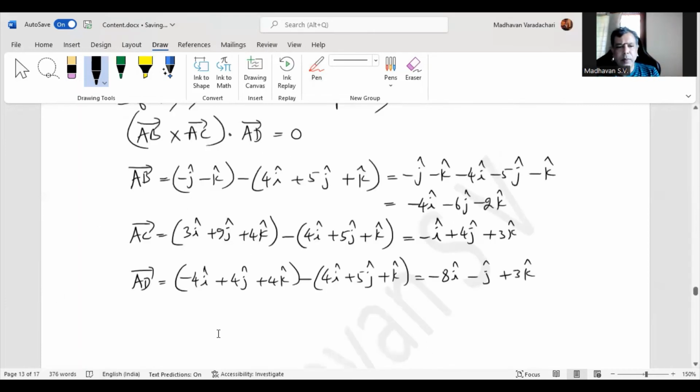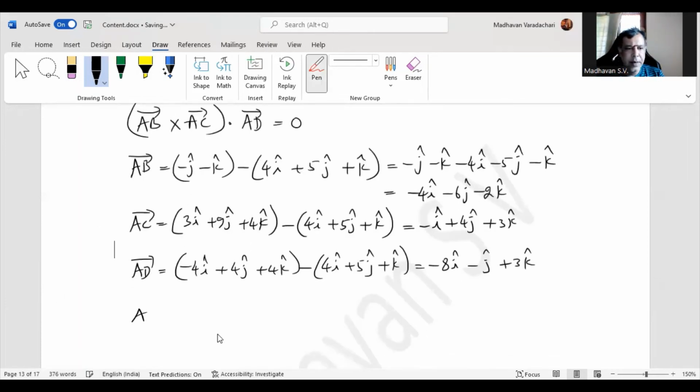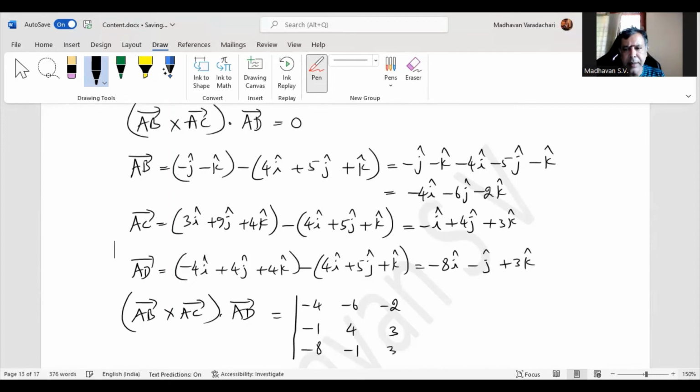Now we need to find out AB vector dot AC cross AD vector is equal to. Now we can write the coefficients of the first vector in the first row, minus 4, minus 6, minus 2. Coefficients of the second vector in the second row, minus 1, 4, and 3, and then minus 8, minus 1, and 3. Evaluate this.